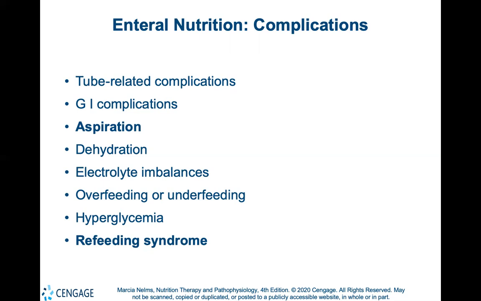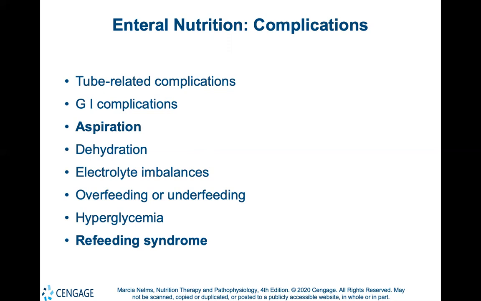GI complications, diarrhea, constipation, bloating, and gas may result from the use of enteral feedings. Diarrhea in enterally fed patients may result as a complication of antibiotics or consequences of administration of other medications via the feeding tube. A recent study determined that constipation is actually a more common complication than diarrhea.